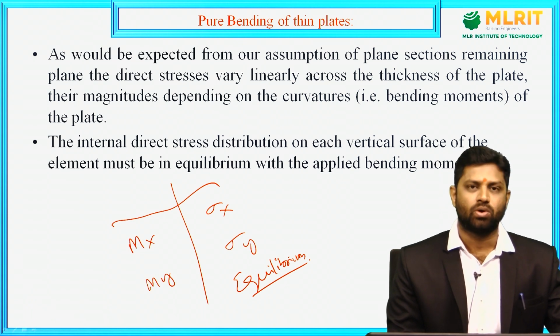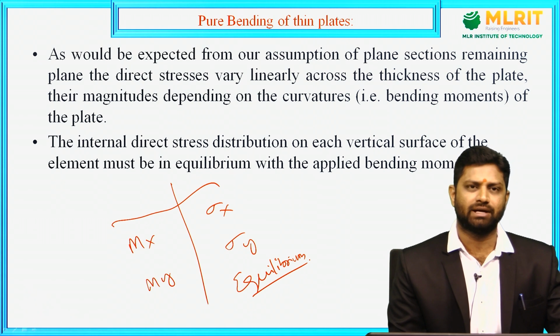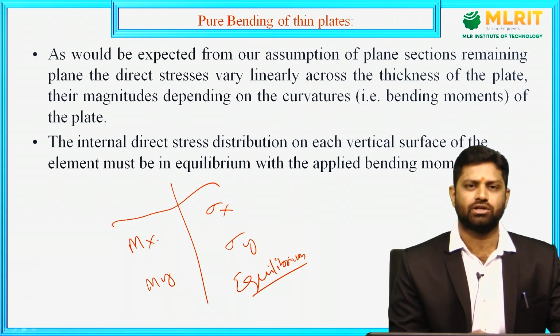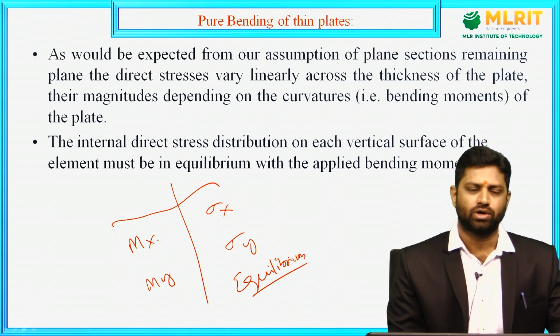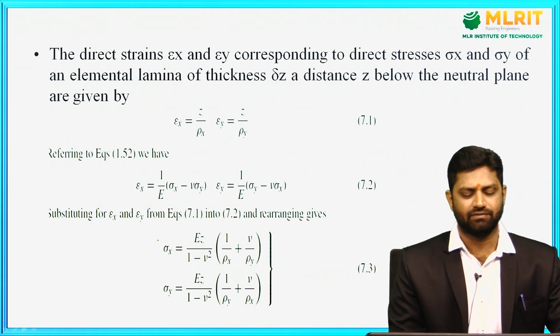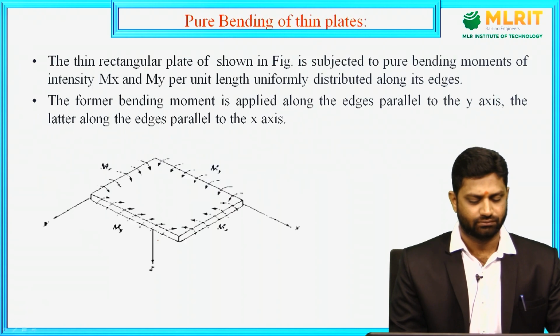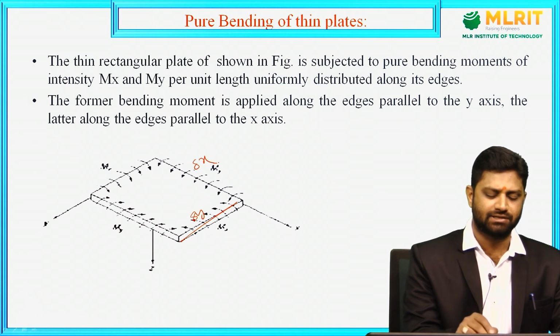Now when we write that, the left side is the moment equilibrium. As we assume bending moment mx per unit length, we have to multiply with the length on which it is acting to convert it into moment. So mx, and we can see in the previous diagram, mx is applied on this edge, and when we consider the edge lengths, this is the delta y edge and this is delta x.